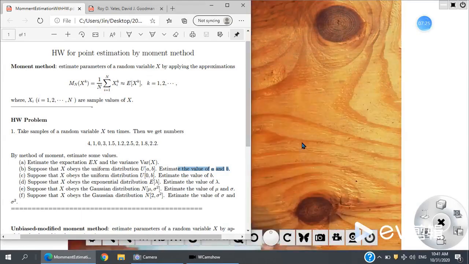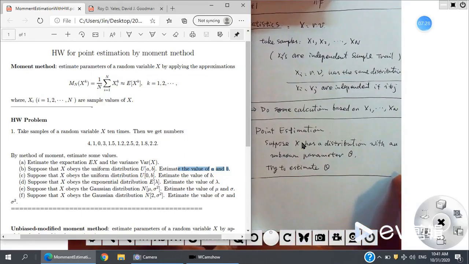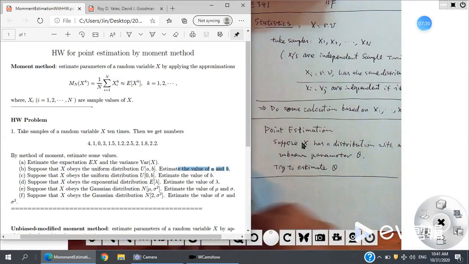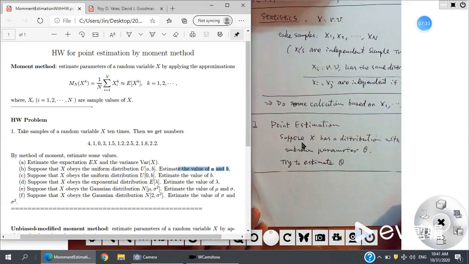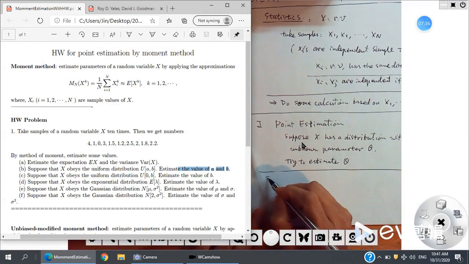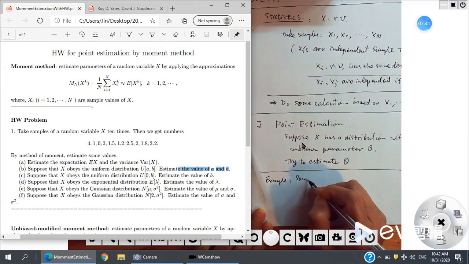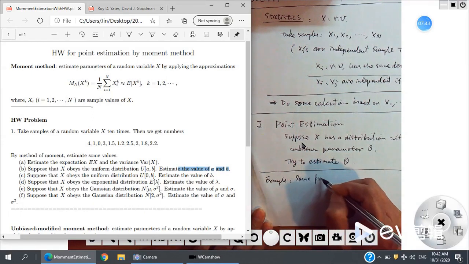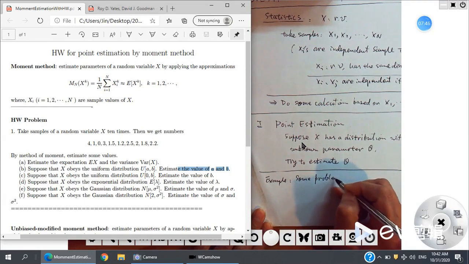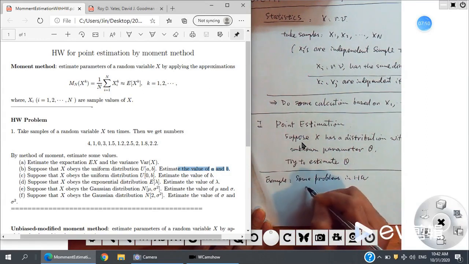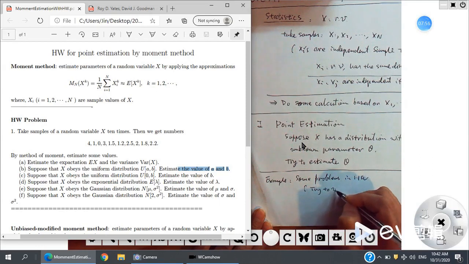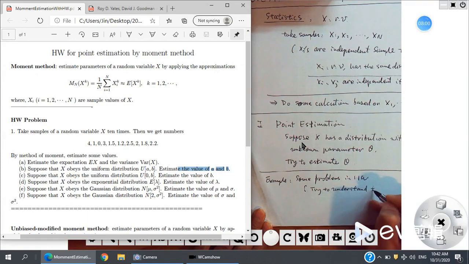And actually we need to explain something. Ready. Some problems in homework. So here I write: try to understand the problem.